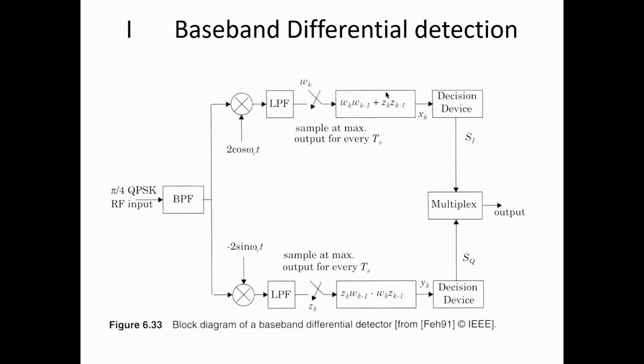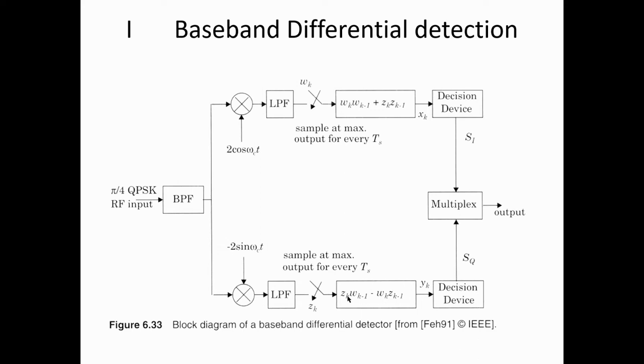With the help of this it derives xk from the received in-phase component signal, and similarly yk from the quadrature phase component. So we are finding xk and yk from the received components, and then xk and yk are given to the decision device to find out whether the received bit is 1 or 0.